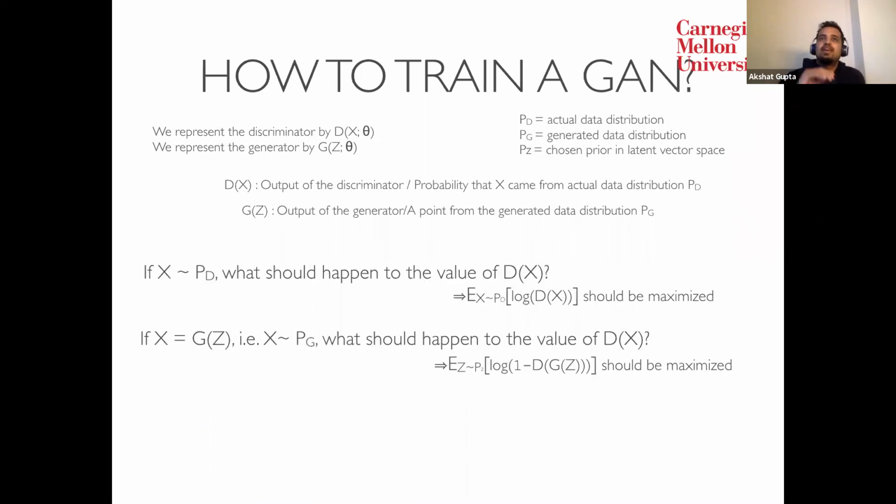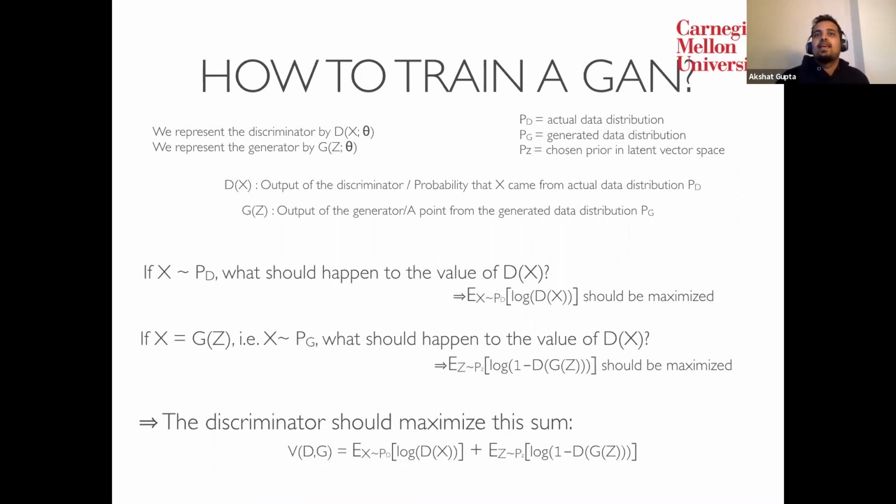So if a data point comes from the actual data distribution, the discriminator wants to maximize this expectation, and if the data point x comes from the generated data distribution, the discriminator wants this term to be maximized. Overall, the discriminator wants this sum to be maximized.